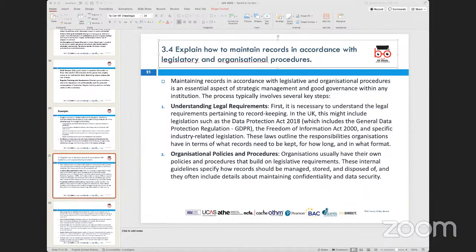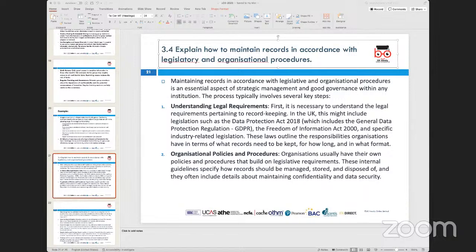The Freedom of Information Act, also sometimes referred to as FOIA in short form, is a law that the UK government created back in 2000, and this allows the public to get access to information which is held by public authorities.